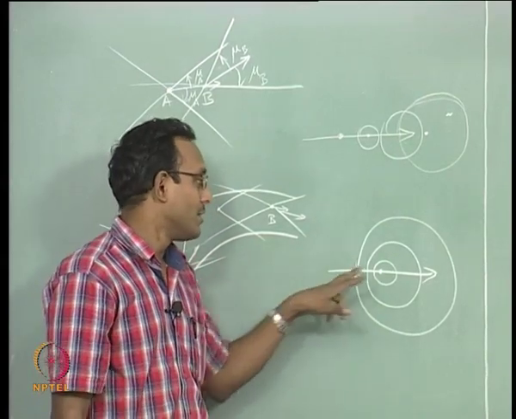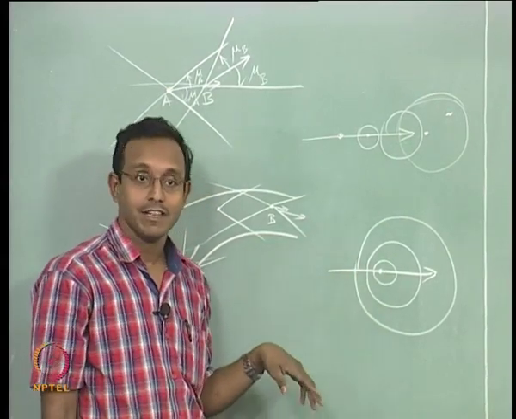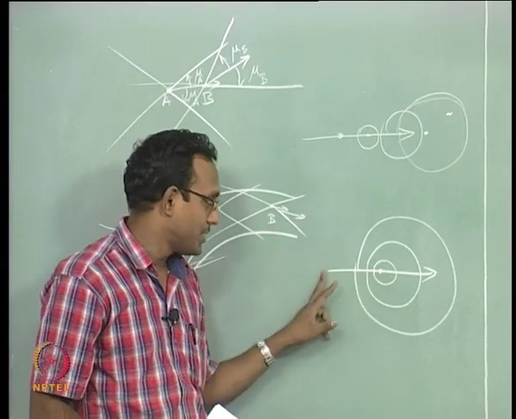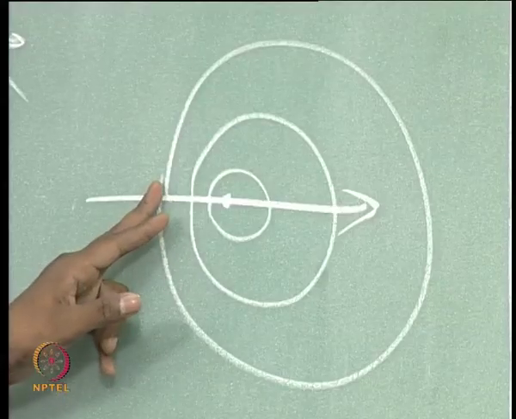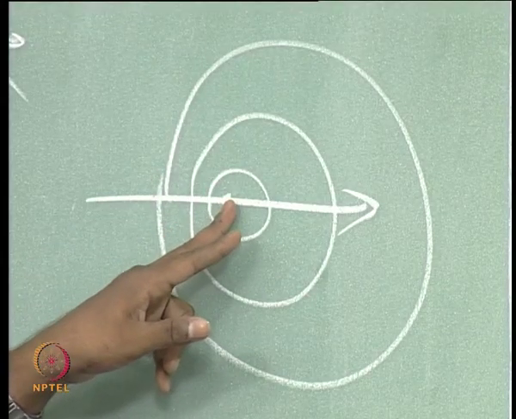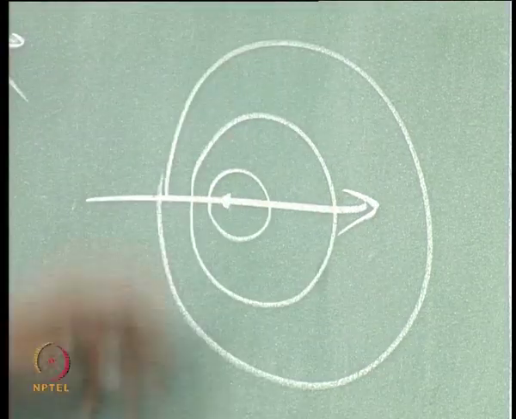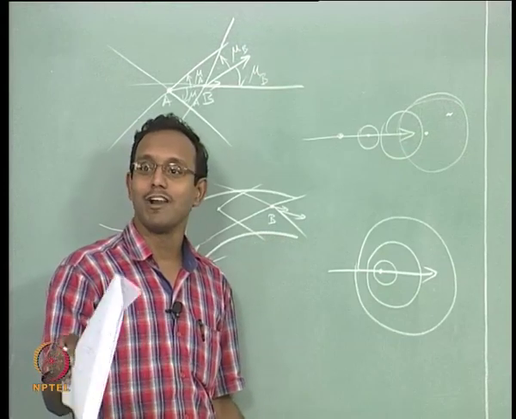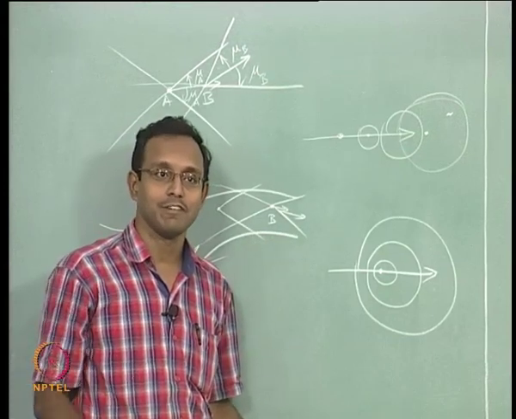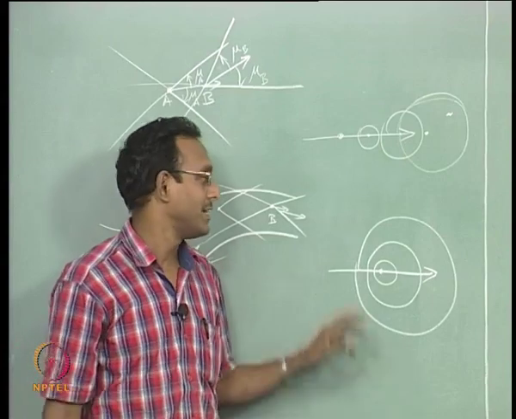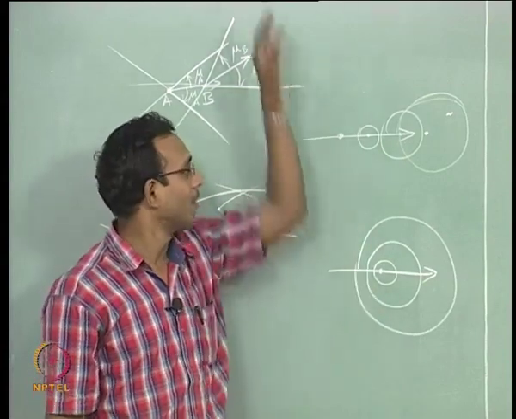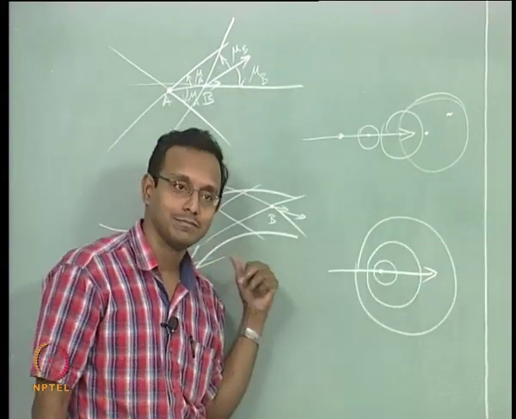Okay. Now, if this is the case, then the points upstream will also know that there was a disturbance here, points downstream will also know, every point in fact will know, provided I wait for long enough time. Okay. If I wait for infinite time, then definitely this will be reaching all the way to infinity in all directions.